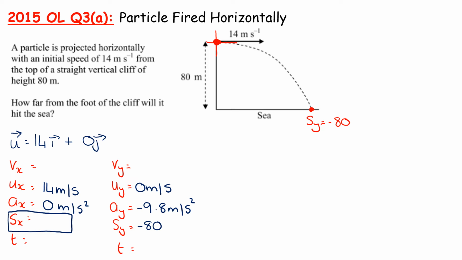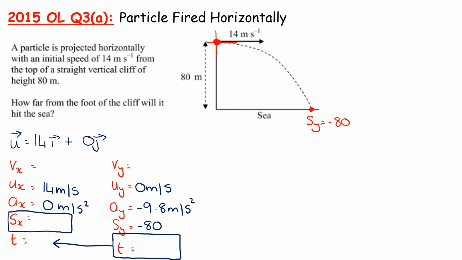We do have enough information in the y direction to work out either v or t. What we're going to do is work out the time when it hits the sea, and then plug that time back in here and use that to get our SX. So it's kind of like our two-step process.